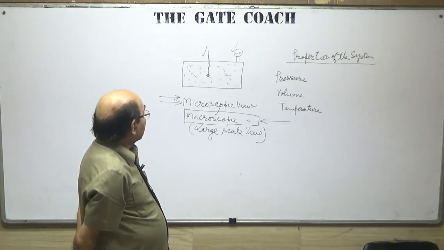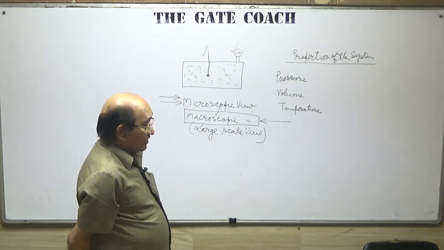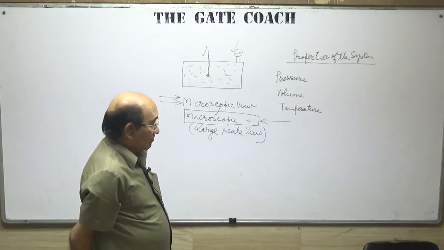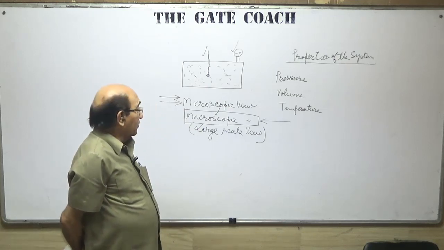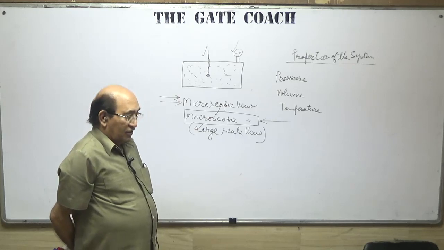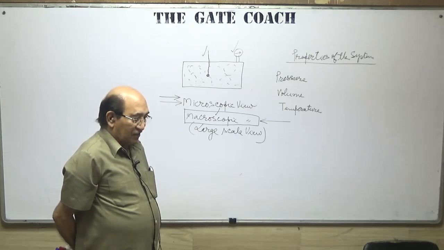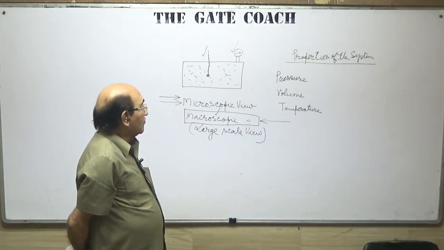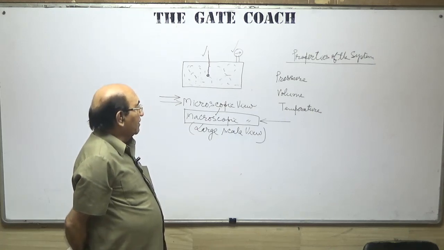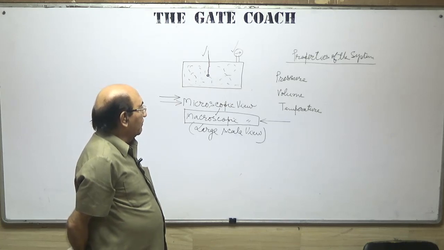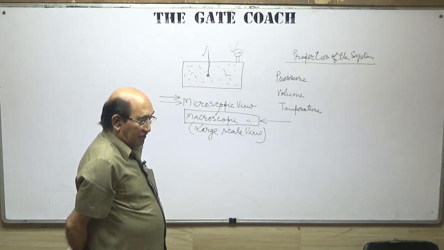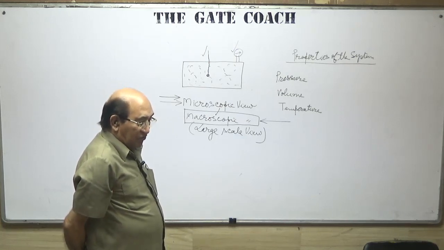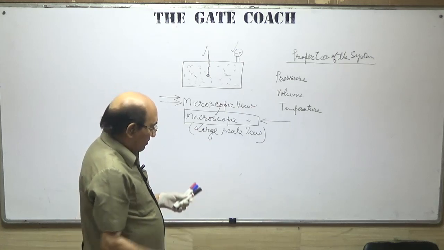Supposing I have got a system where pressure is 2 bar occupying a volume of 0.001 cubic meter at a temperature of 300 Kelvin. What I have done? I have defined the numerical values of these three properties so that this system can be fully described.